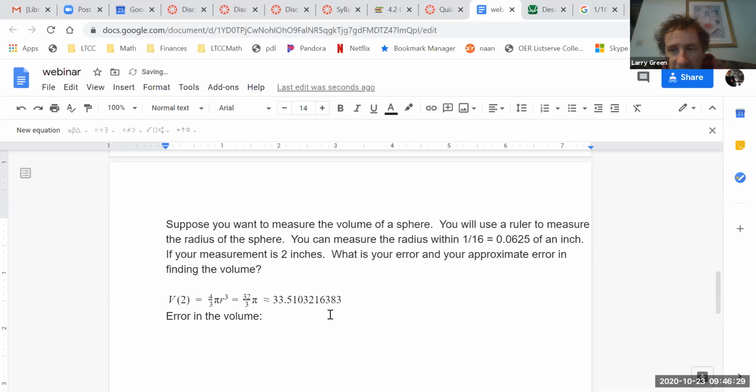That way you don't have to write fractions. Okay, so the idea is we know that we're off by 1/16 of an inch at most in either direction. So what we can do is we can take our 2 and we can look at, say, what is V of 2.0625?